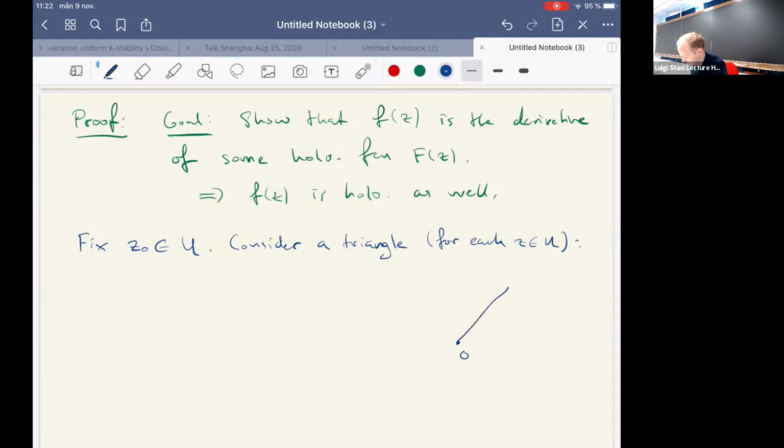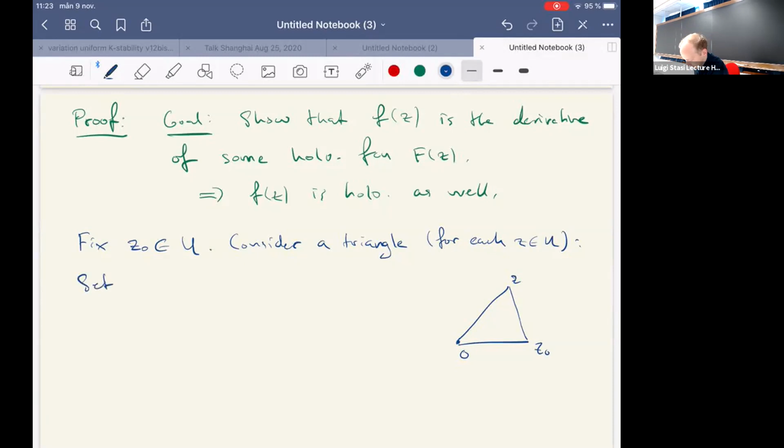If it's not 0, then you can just relabel this point 0. This is just a topological argument, so it doesn't really matter. Sorry for that triangle. There we go. So this is z0 and this is z. You fix z0 and then for any z, you can look at such a triangle to a third point, 0. And then let me explain what we want to do.